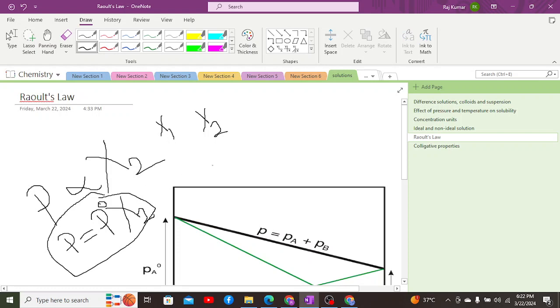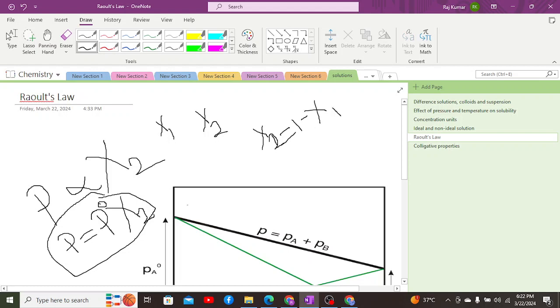Now if we manipulate it, we know that the mole fractions of all components of a solution add up to unity, so x1 plus x2 is equal to 1. So x2 is equal to 1 minus x1.